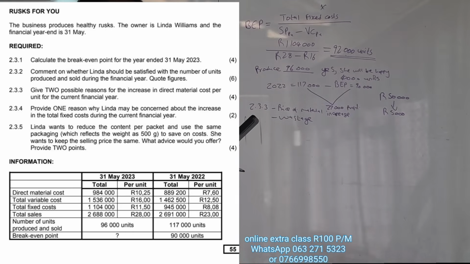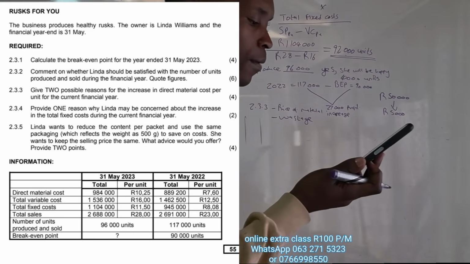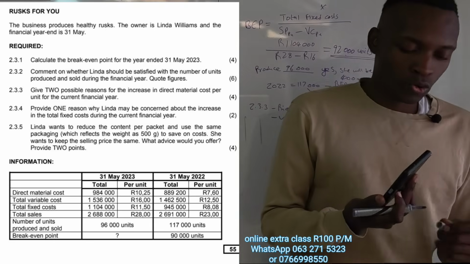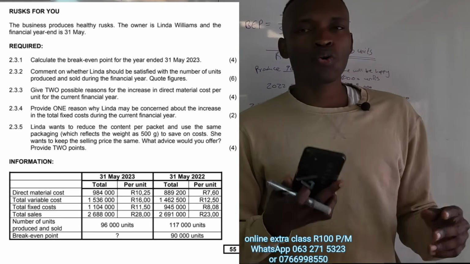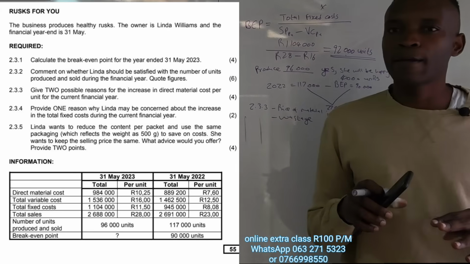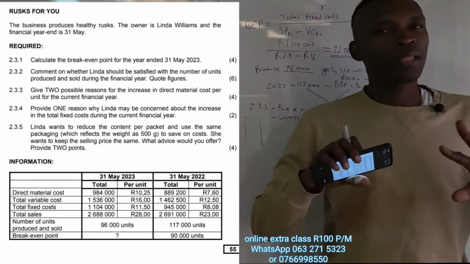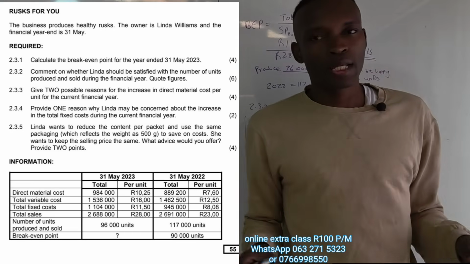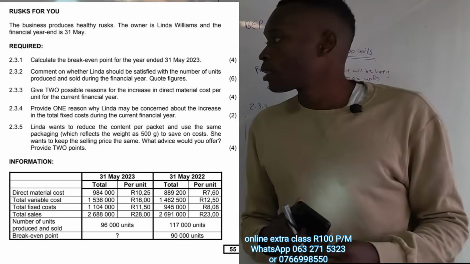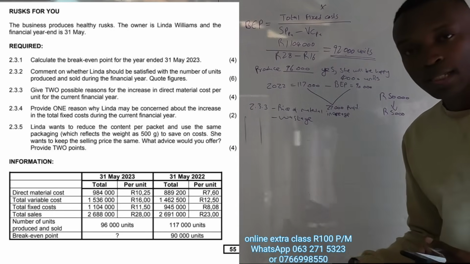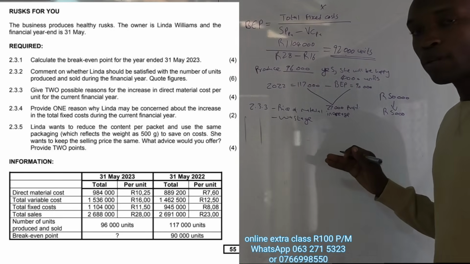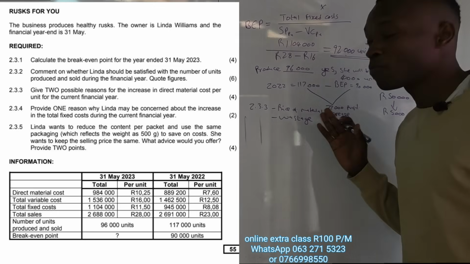Provide one reason why Linda may be concerned about the increase of total fixed cost. Remember, guys, a fixed cost simply means that the cost remains constant for the rest of the year. But if the fixed costs are increasing, guys, there is something wrong, which means that this needs to be fixed.